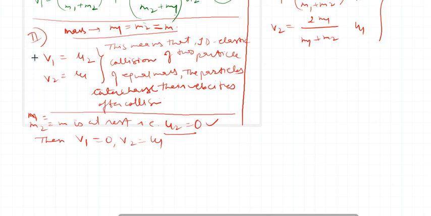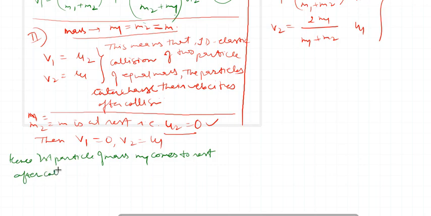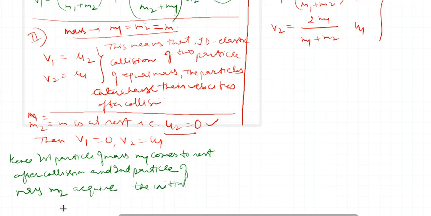That means, hence, the first particle of mass m1 comes to rest after collision, and the second particle of mass m2 acquires the initial velocity of the first.